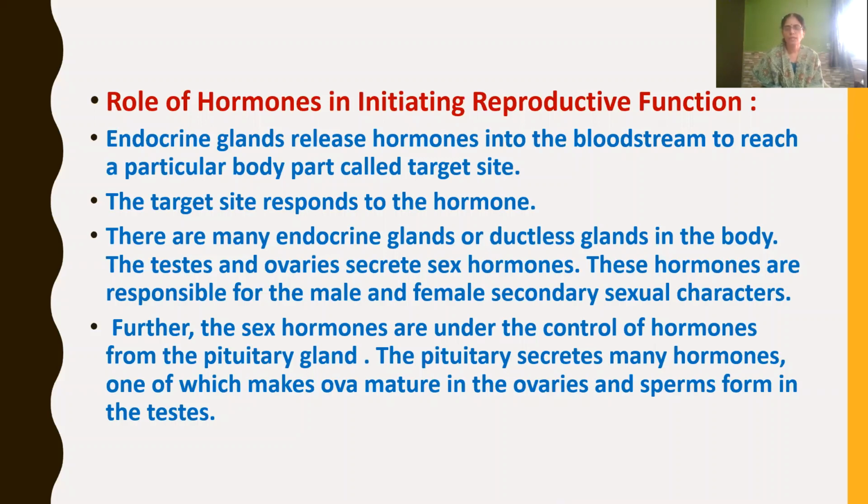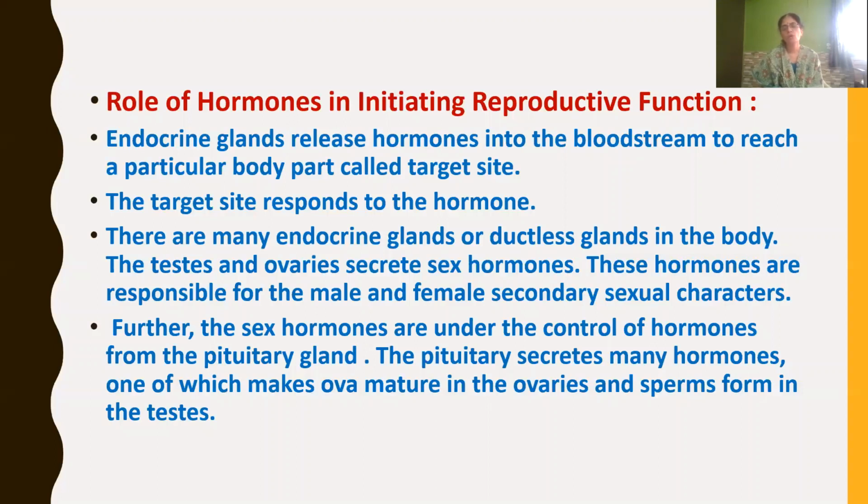Endocrine glands, which are otherwise called ductless glands, release hormones into the bloodstream to reach a particular body part, what we call the target site. Once the hormone reaches the target site, the target site responds to the hormone.